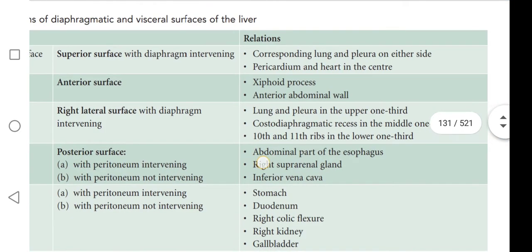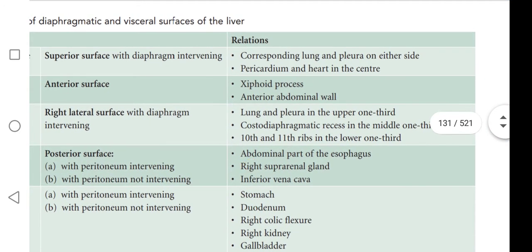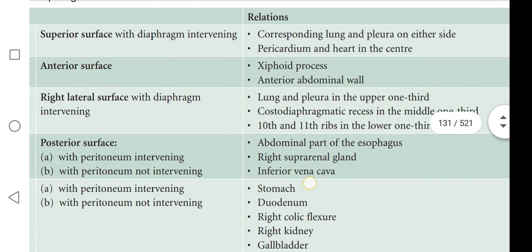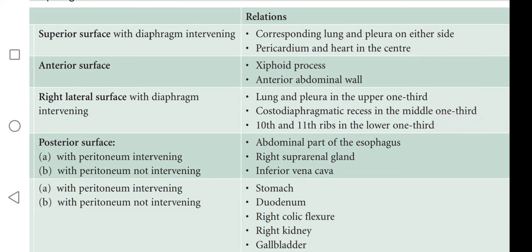The superior surface, with diaphragm intervening, is related to the corresponding lung and pleura on either side, and the pericardium and heart in the center. Next, the anterior surface is related to the xiphoid process and anterior abdominal wall.